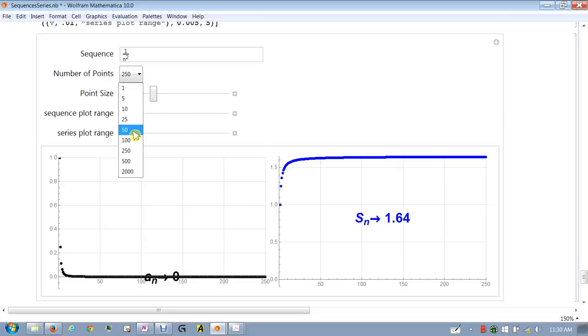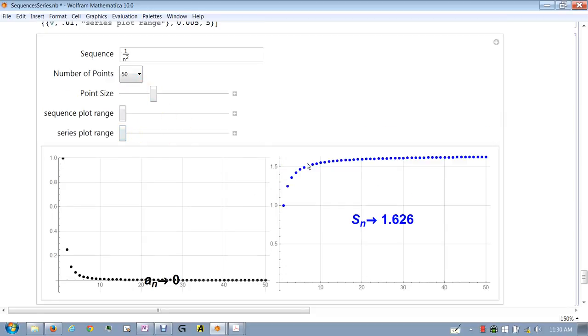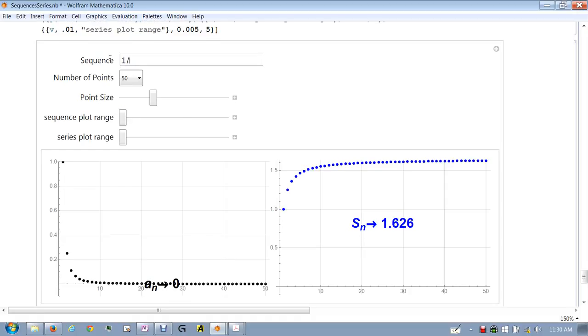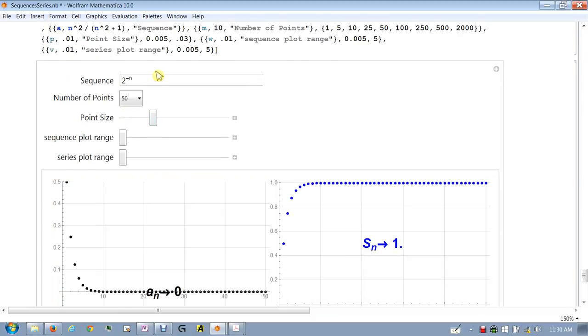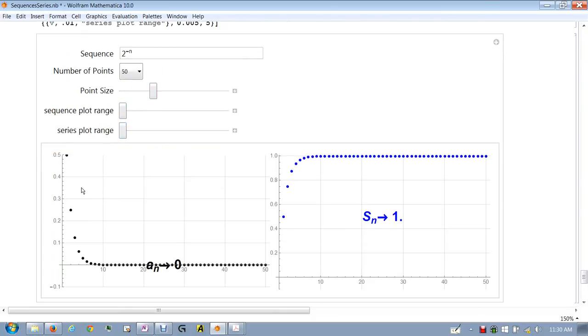I went pretty far out to begin with, but here you can see that sequence of partial sums looks like it's headed towards something. What's another one I can do? How about a classic? There's another one. All right. This is converging over here.